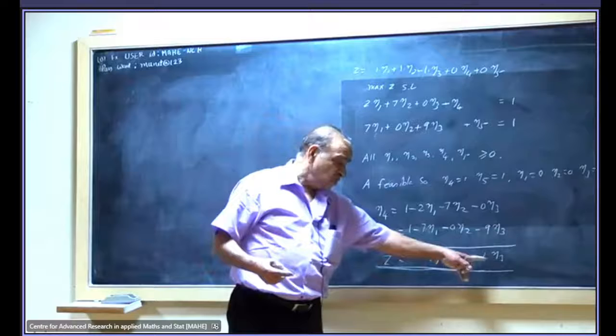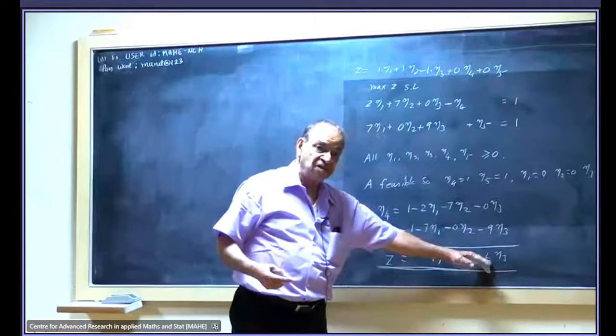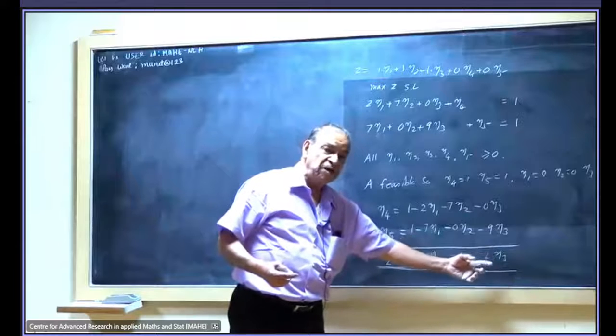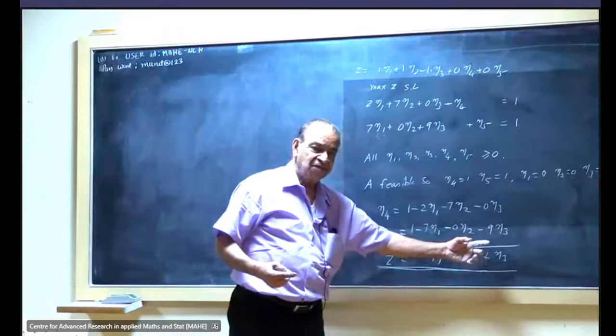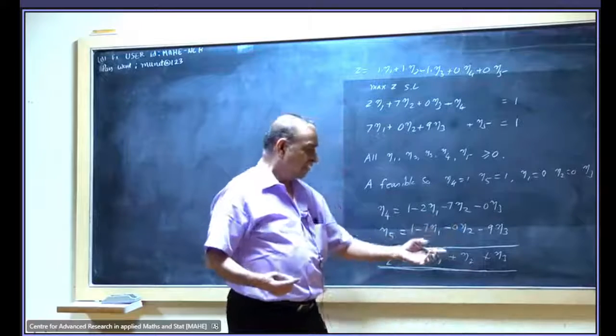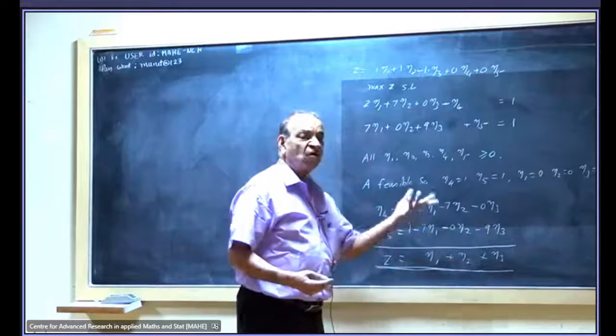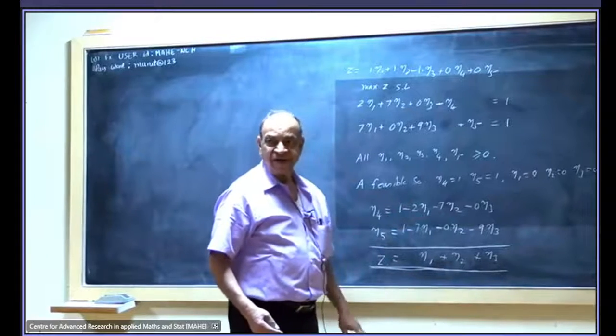Then I only increase only one of these variables. Other variables are kept at 0 because they are all non-basic. So I want to increase, so that it becomes basic. So I increase in such a way that this becomes basic and some variable on this side becomes non-basic. This is the idea.